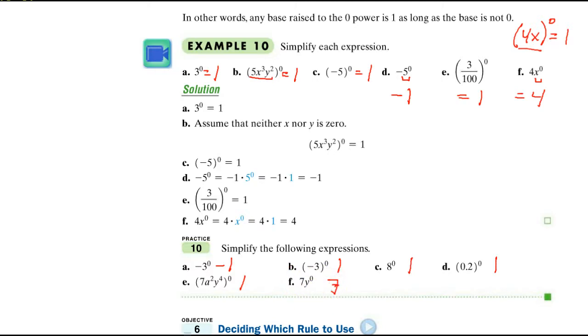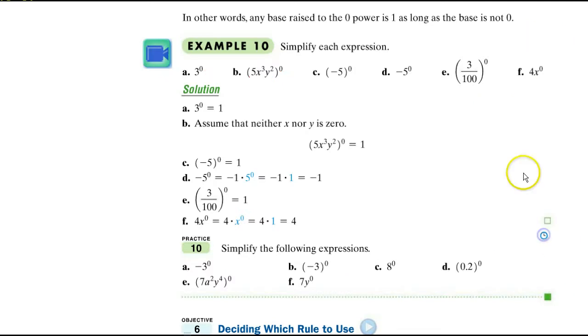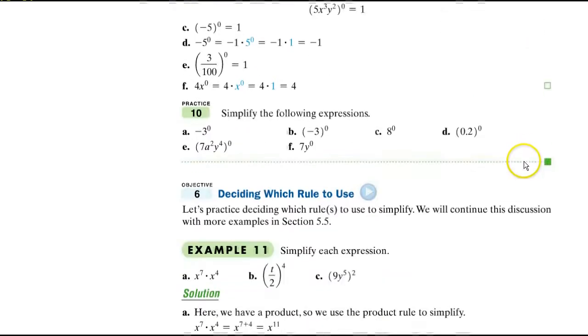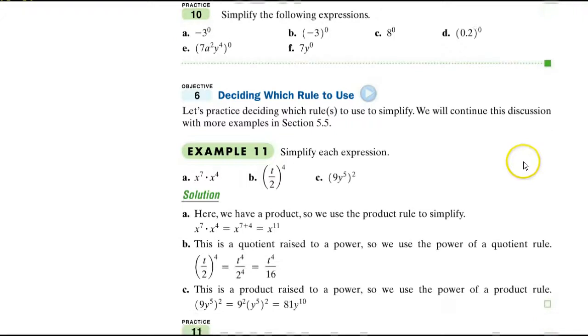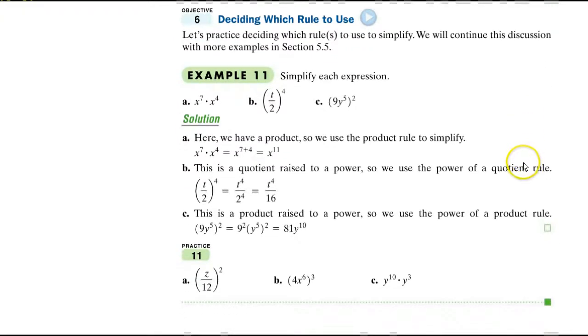Okay, so a little more of a challenge now as we go on. They're deciding which rule to use. So this is going to be sort of a mixed bag. Here we're just going to add, and we get x to the 11th.